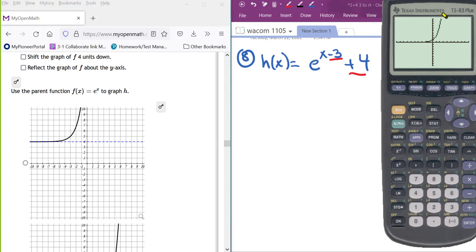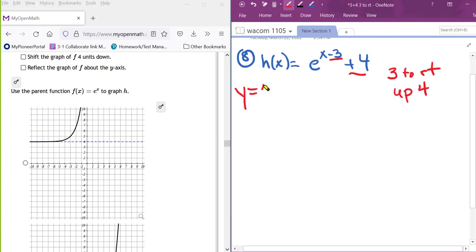So there you go, and your horizontal asymptote here is y equals 0. We can figure out the horizontal asymptote before we even do it. This +4 is going to move the graph up 4. So our horizontal asymptote for this new picture is going to be y equals 4.